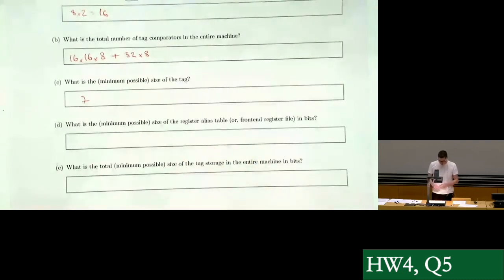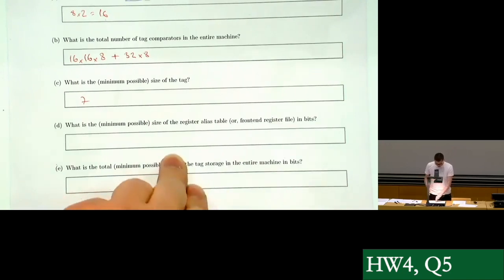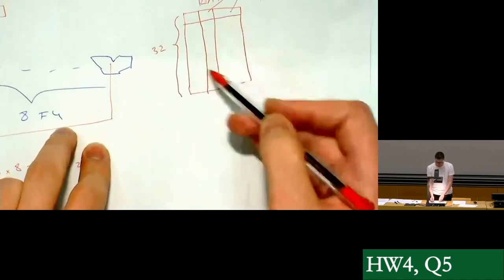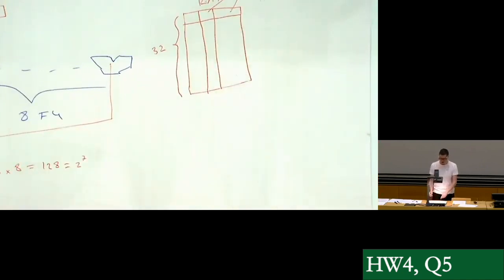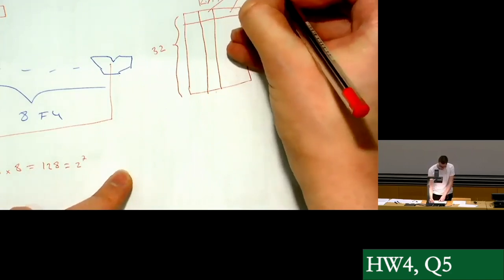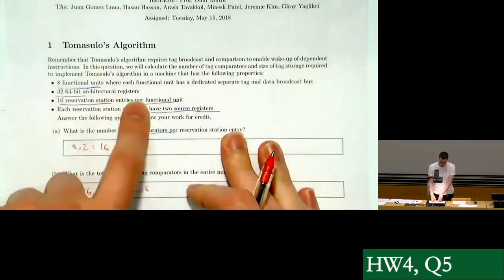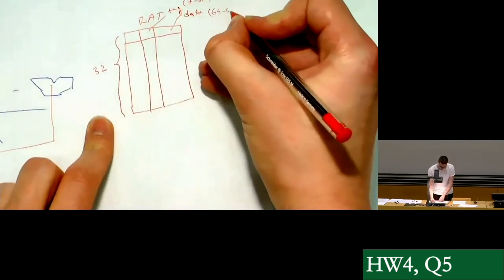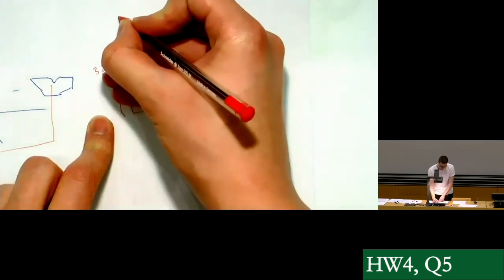And then what is the size of the register alias table in bits? So the register alias table should look something similar to this thing that I drew, right? We know the tag should be at least 7 bits. And then the data is given in the question. The architectural registers are 64 bits wide. So per entry, we will need 64 bits. And then we should have at least a valid bit, right?